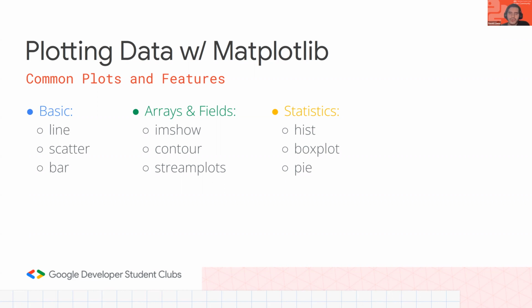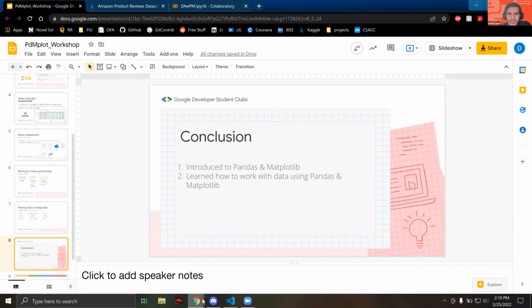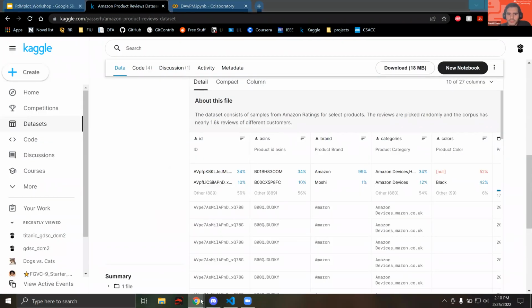This is useful for pictures because you can represent a picture as an array of pixel values from 0 to 255. So you can actually plot that out and you can show the picture. It's useful for computer vision if you go into machine learning. And there's also some statistics plots like a histogram, box and whisker plots, and pie charts. All right, let me actually go to the notebook now.